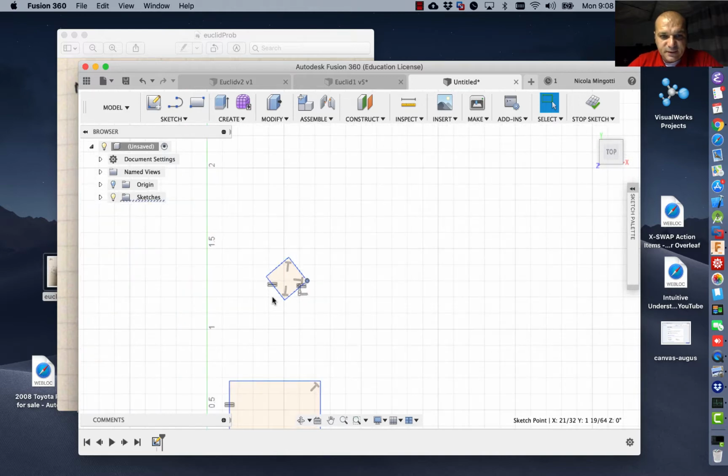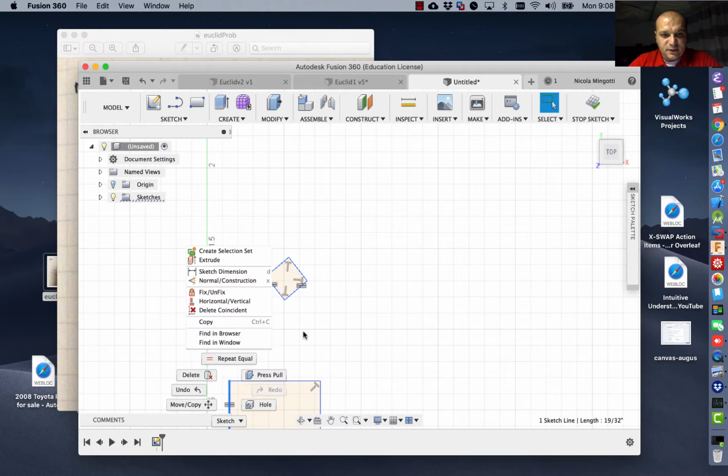Let's say then this and this are parallel.